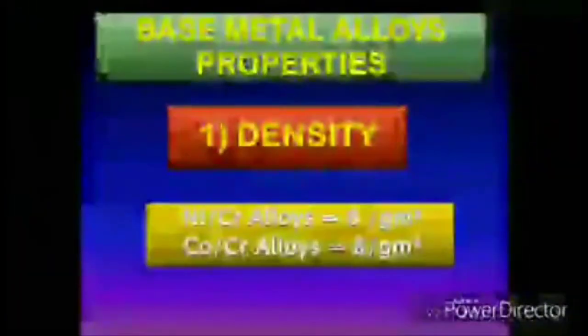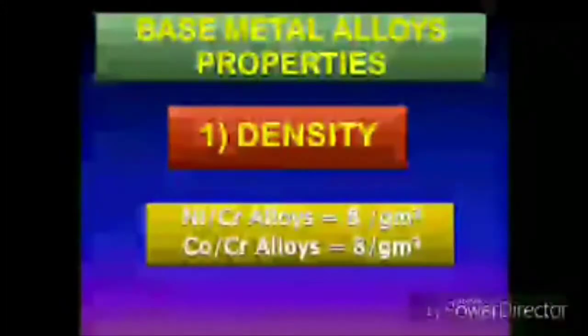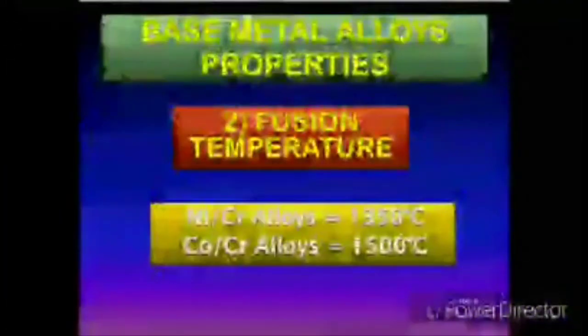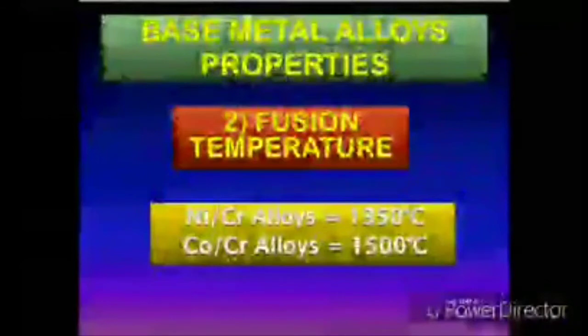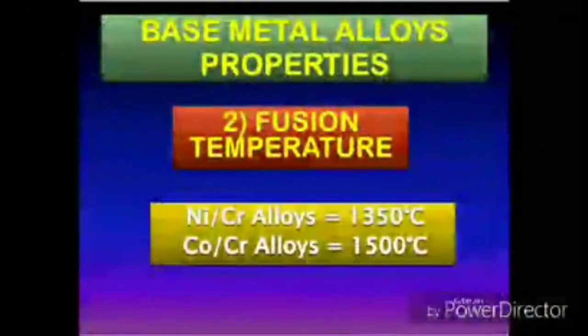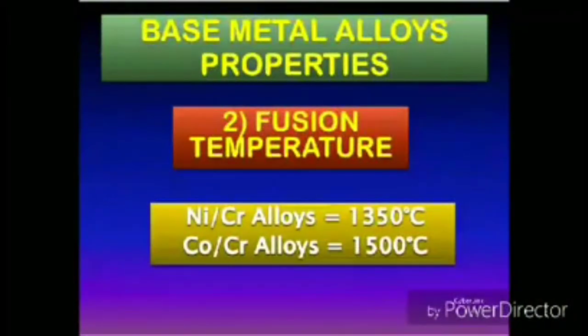Now let's compare a few properties of these two base metal casting alloys. First of all is the density. The density of both nickel chromium and cobalt chromium casting alloy is the same, which means that they are equal in weight. Secondly is the fusion temperature. The fusion temperature of nickel chromium casting alloy is as high as 1350 degrees centigrade, whereas the fusion temperature of cobalt chromium casting alloy is as high as 1500 degrees centigrade.